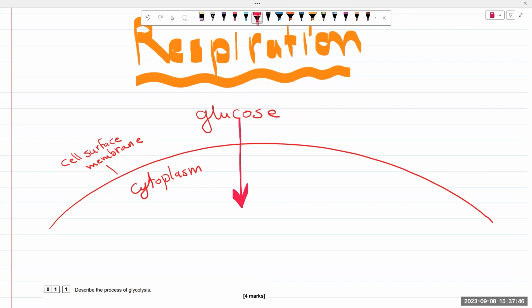How will that glucose, a complex structure C6H12O6, be converted into a very simple form of carbon, which is carbon dioxide, a gas?